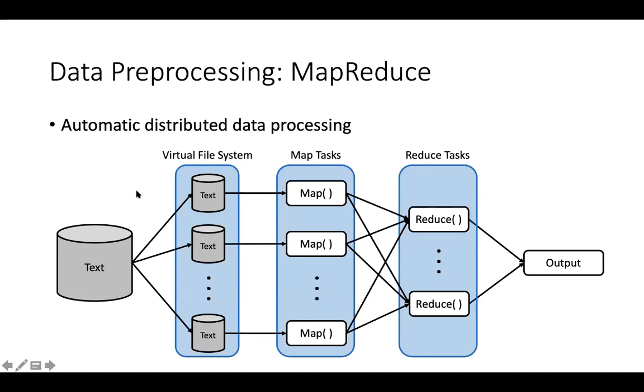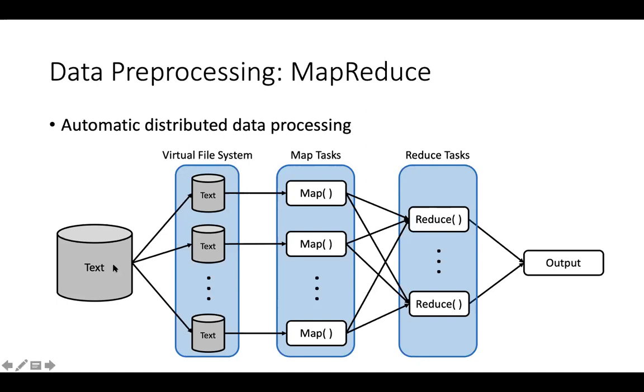So the idea behind MapReduce is there's again a gigantic text that might not fit in a single workstation. And in MapReduce, it always comes with a virtual file system. If you are familiar with Hadoop, then there's HDFS, the Hadoop file system. It's kind of like a cloud these days.